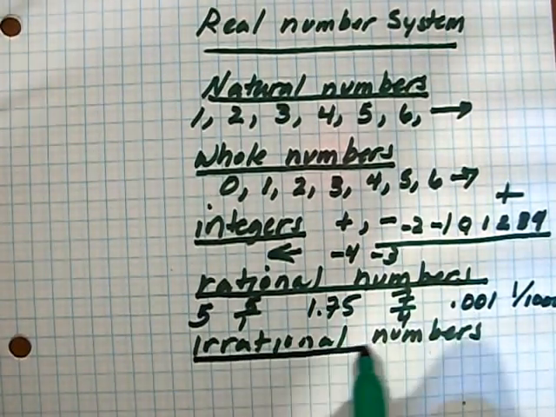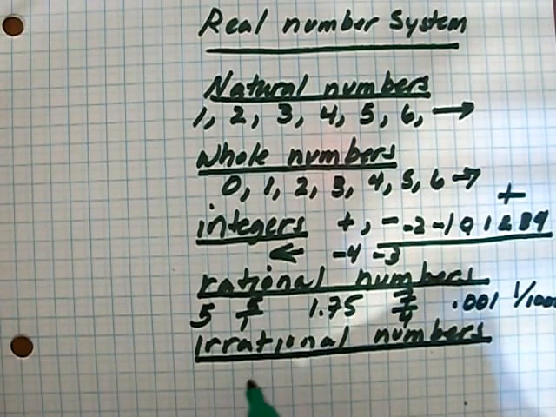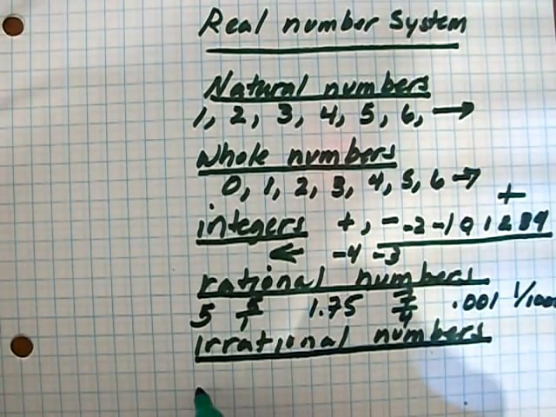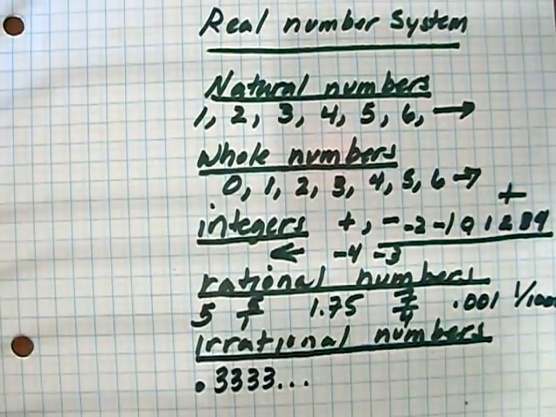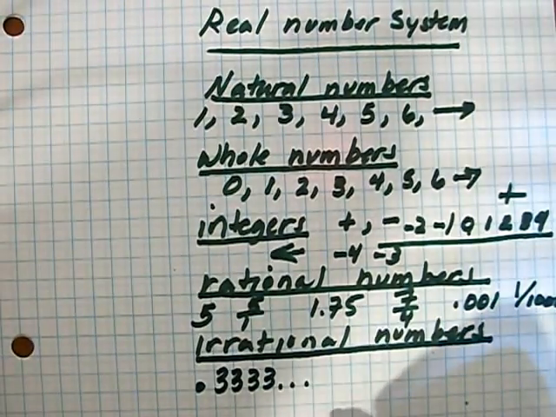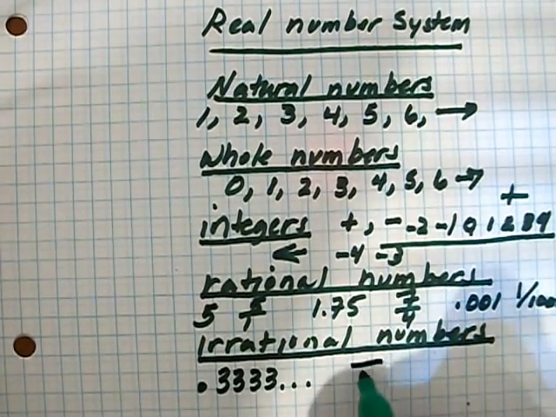Alright, what's the difference between a rational number and an irrational number? Well, when you think of an irrational number, for example, let's say a decimal that repeats itself, 0.3333, and so on. That would be an irrational number. Another famous irrational number would be pi.